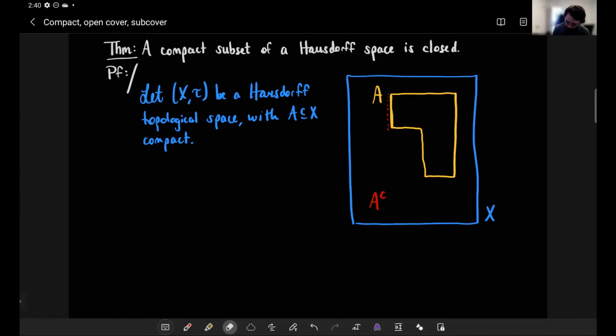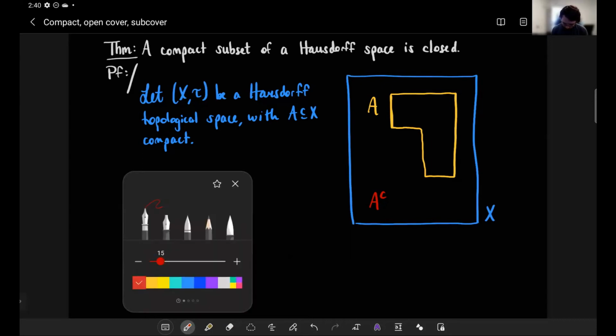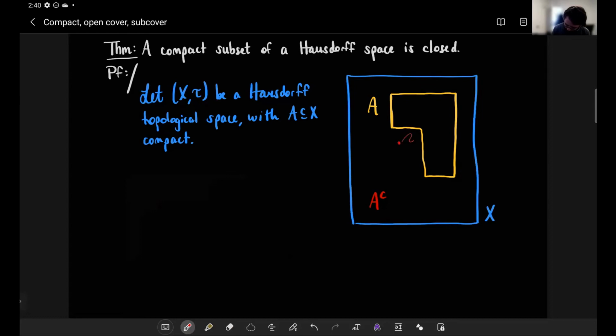Namely, you can prove a set is open by doing it pointwise. You could take an arbitrary point, in this case, let's call it x.